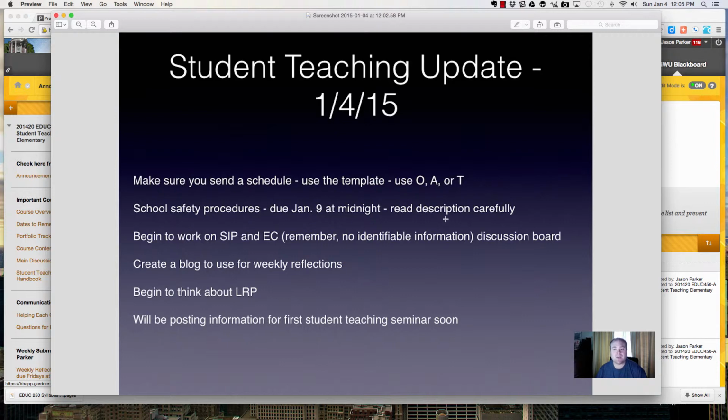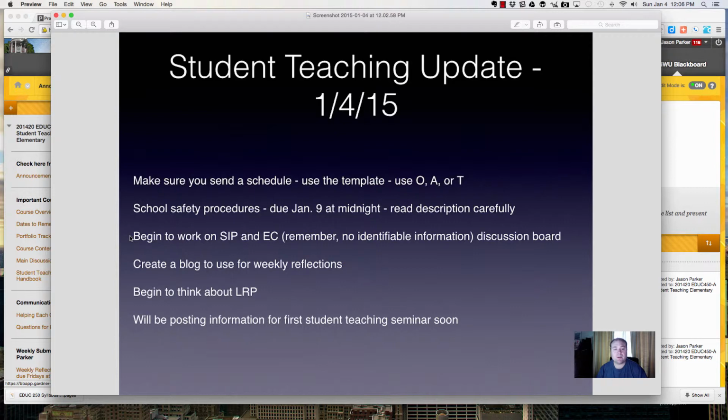Make sure that you're reading that description very carefully to include all of the requirements that we are asking you to submit. Again, the Genius Scan app is going to be very beneficial to get that information into Blackboard for us. January 9th at midnight is the due date, and you can view more specific information about this requirement within the main discussion board tab on your Blackboard site.